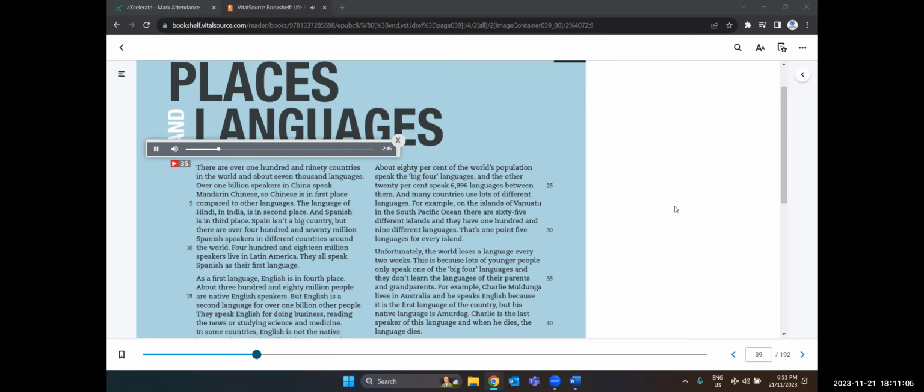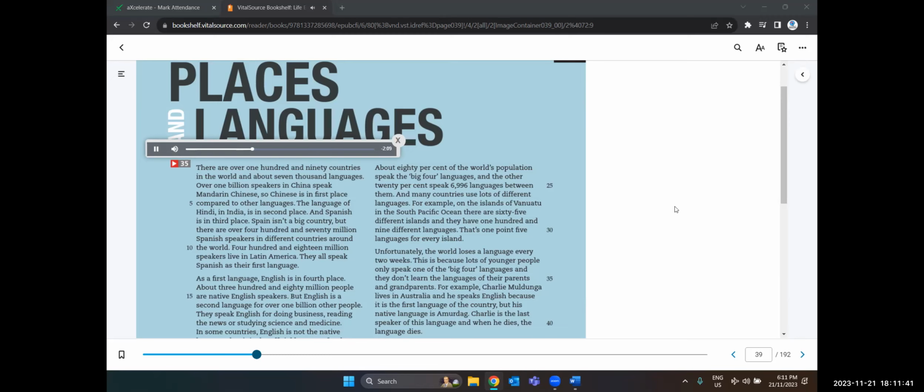The language of Hindi in India is in second place, and Spanish is in third place. Spain isn't a big country, but there are over 470 million Spanish speakers in different countries around the world. 418 million speakers live in Latin America. They all speak Spanish as their first language.